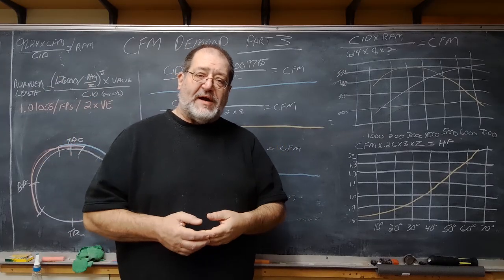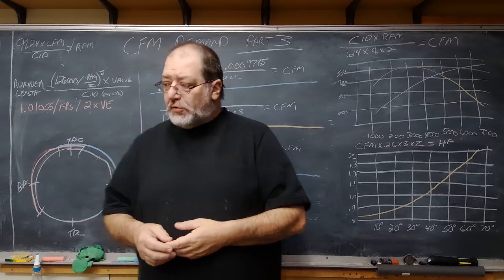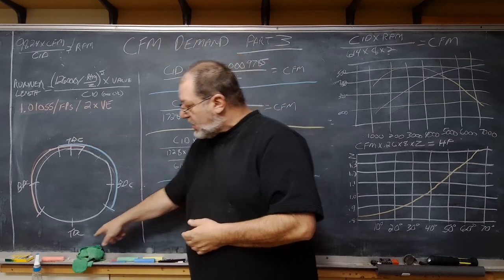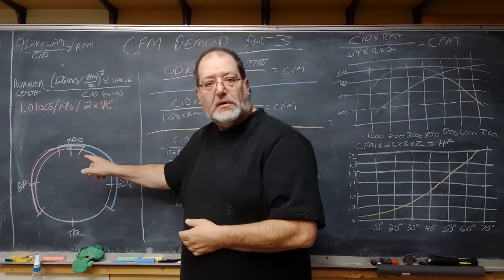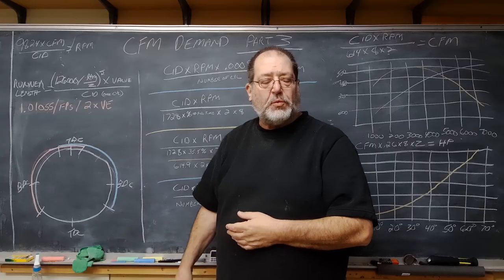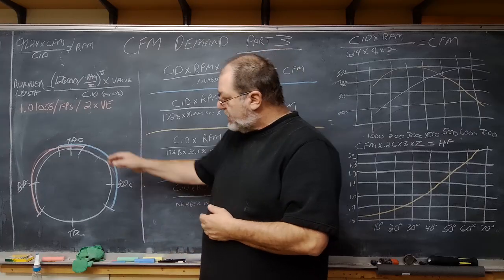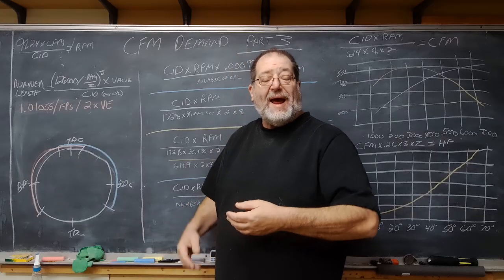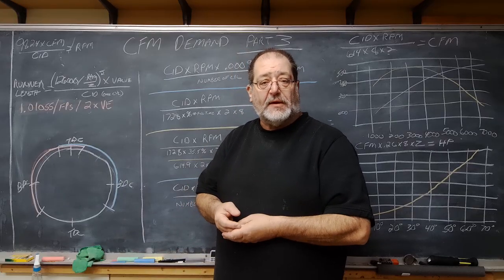But that's not how an engine breathes. If you look, the engine only breathes for a chunk of the entire rotation. It's not doing 720 degrees worth of breathing. It's only doing whatever the cam duration is. And that is where the problem comes in.